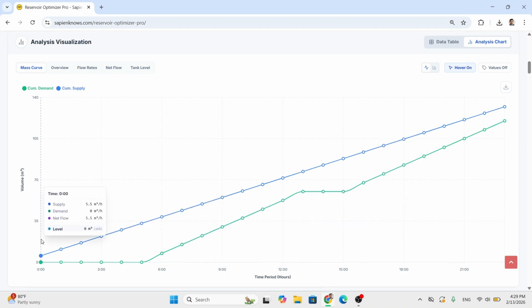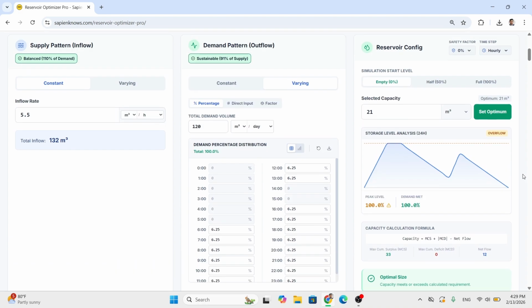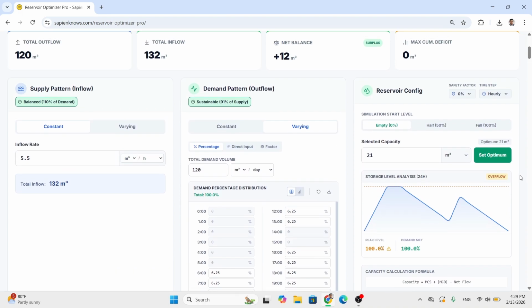The mass curve method is nothing but a curve of the cumulative supply versus cumulative demand over time. So let's look at an example of a water supply scheme which has a supply or inflow from a spring source.